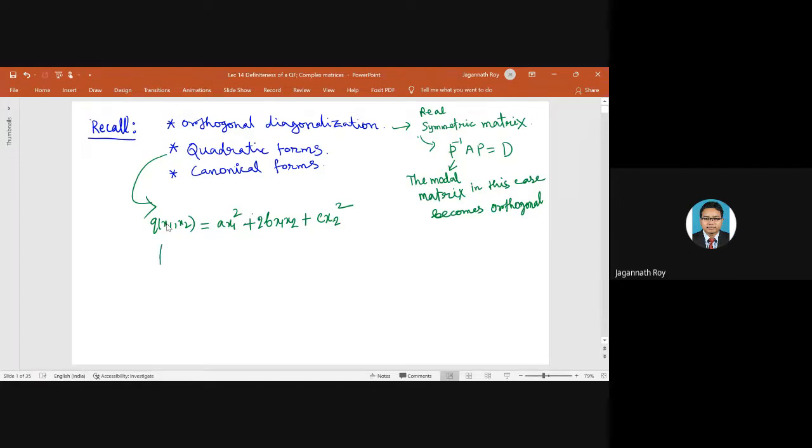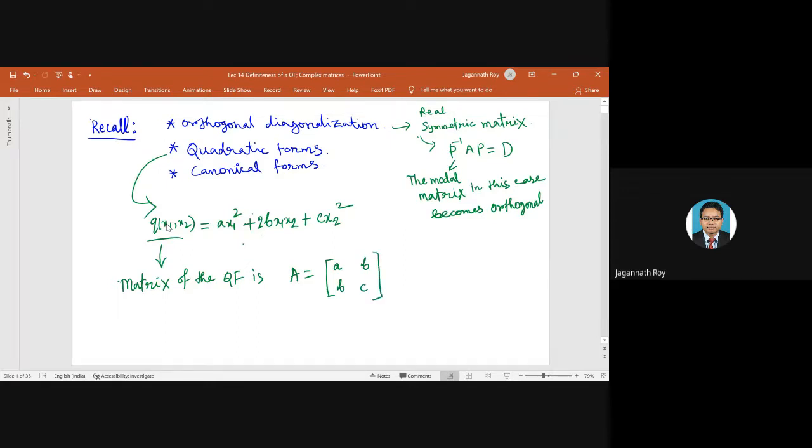Then the matrix associated to this quadratic form, the matrix of the quadratic form, is given by the coefficient of x1 square, that is a, half of the coefficient of x1 x2, that is b, and then again we have b here and c.